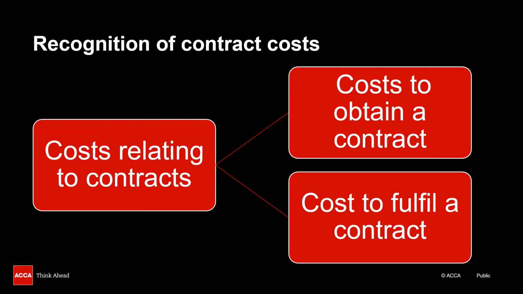Now that we have become familiar with recognizing revenue, which is an income, let us cover some basics relating to costs. Costs relating to contracts can be classified as either cost to obtain a contract or a cost to fulfill a contract. But how do we recognize these costs?